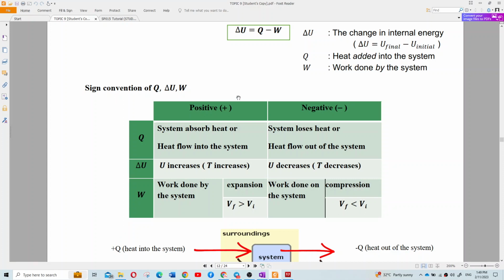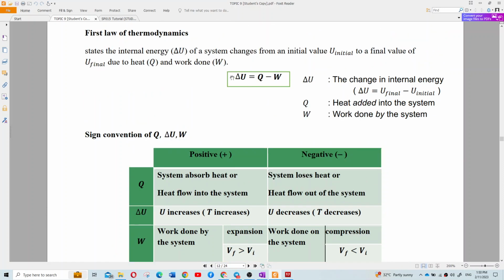Then only you know the physics principle. Understand? So for the sign convention, delta U, Q, and W all have positive and negative values. We have positive delta U, negative delta U, positive Q, negative Q, positive W, and negative W.